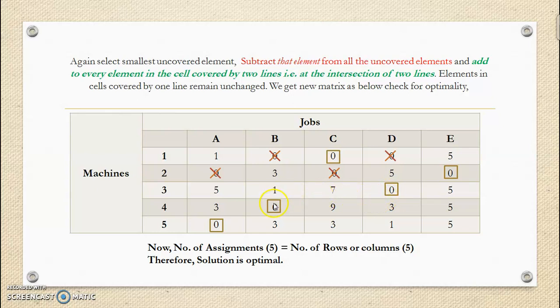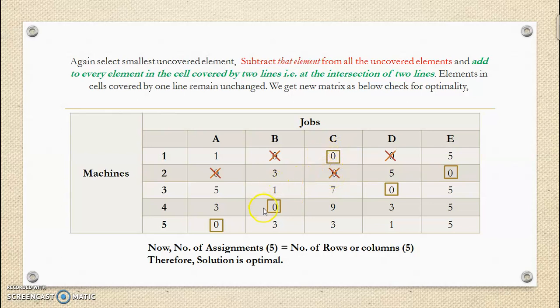Go successively. So let us assign this 0 with column 2 and cross the extra 0 in that column. Now again check which row has exactly one 0. The first row has exactly one 0, cross the 0 in the respective column.